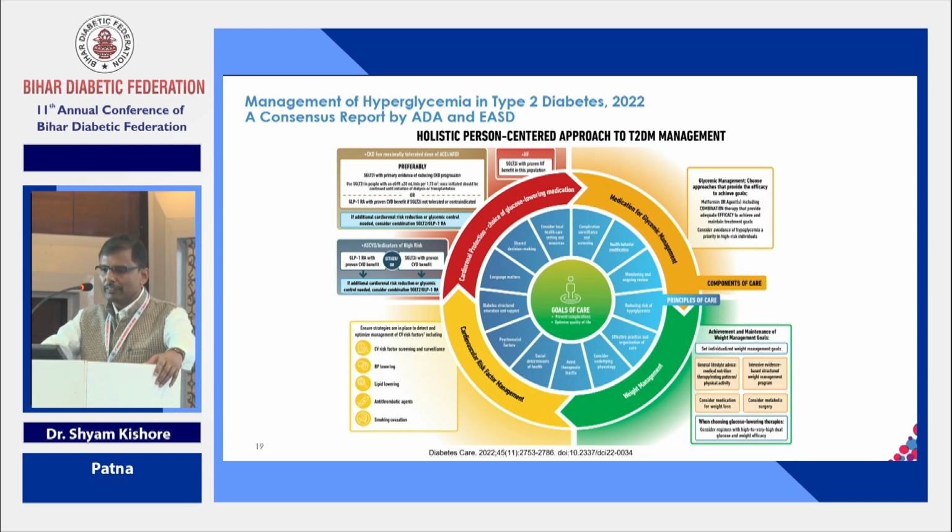Now we have drugs with evidence of their cardiorenal safety and their protective effect on both the heart and the kidney. So we have to select medications from those drugs which can protect our heart and protect our kidney.